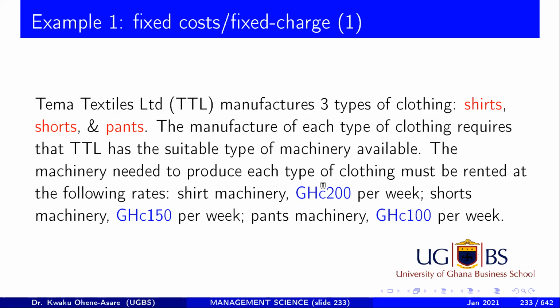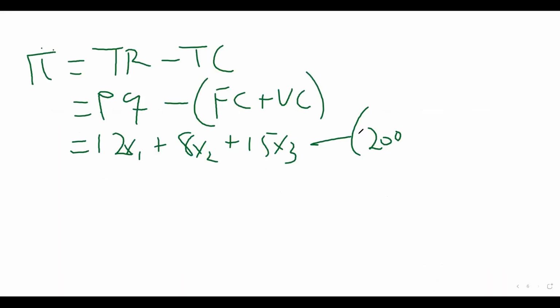So we're going to have this 200 Y1, and then the 150 Y2, and then the 100 Y3, so that when you multiply, and then let me write it, then you can even appreciate why that is so. Okay, so you're going to have 200 Y1 plus 150 Y2 plus 100 Y3.